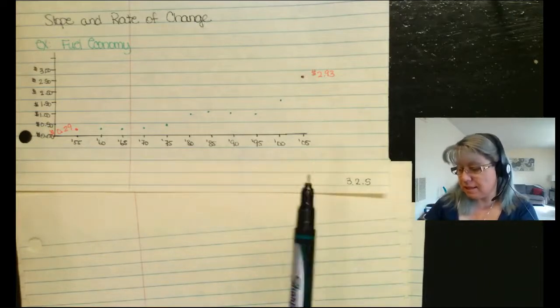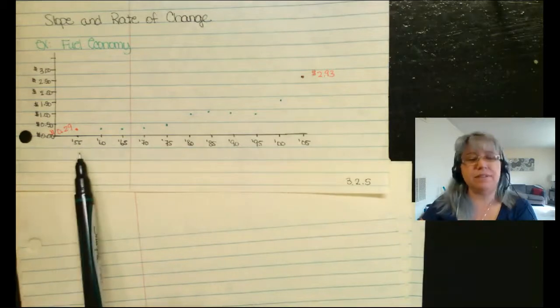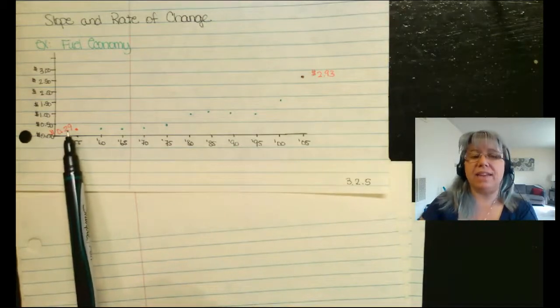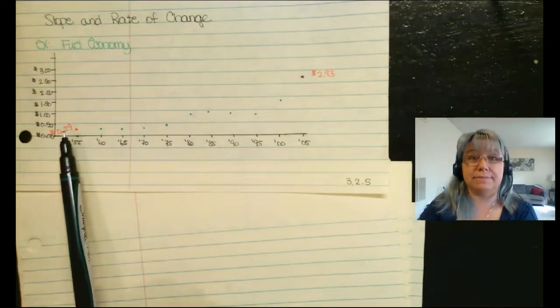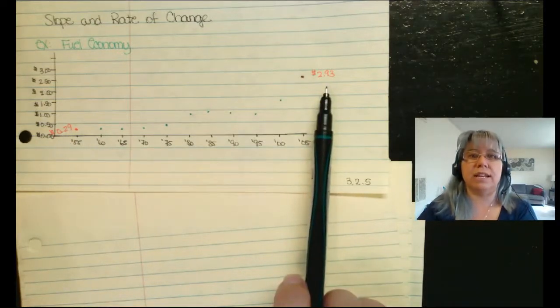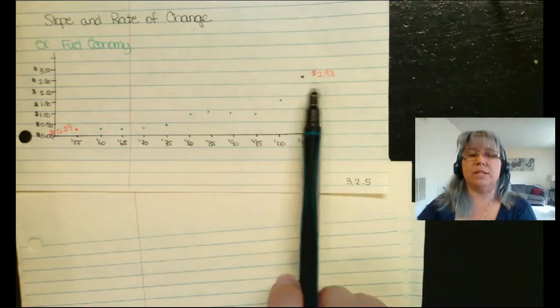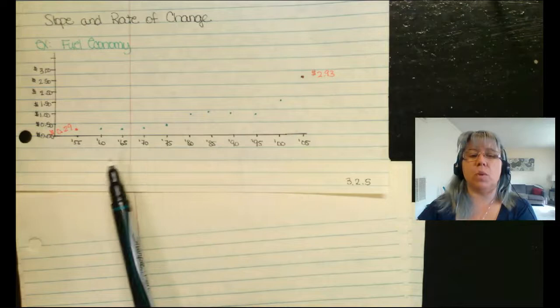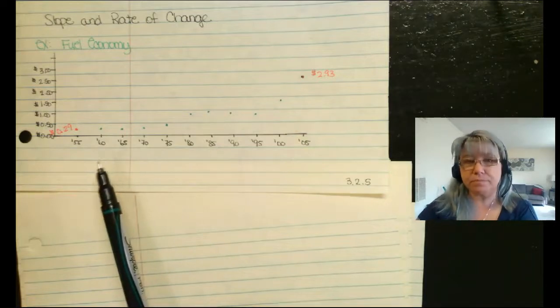And this is telling me that in 1955 a gallon of gas was 29 cents, and in 2005 a gallon of gas is $2.93. So what if this was actually a straight line between those points? What would the slope be?